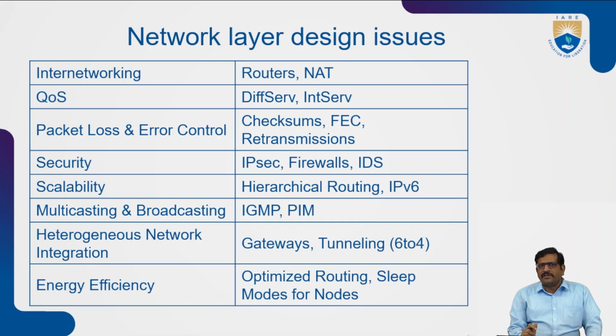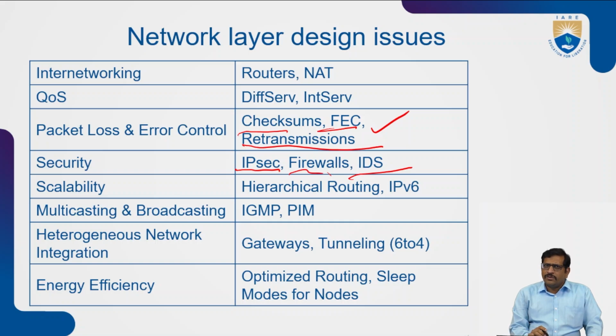If any packet losses or errors arise, we can use methods like data retransmission, checksums and FEC. For security issues that arise during data transmission, we use IPsec, IP security, firewalls and IDS methods, by which they can be resolved.